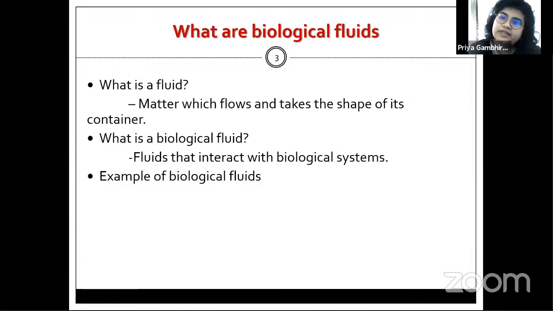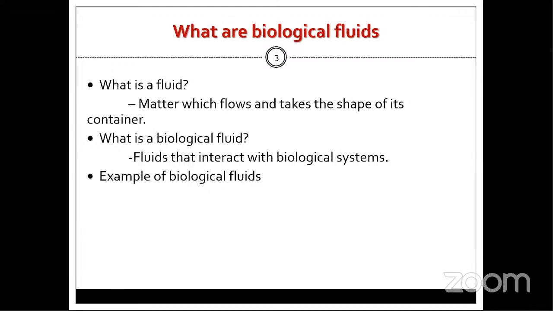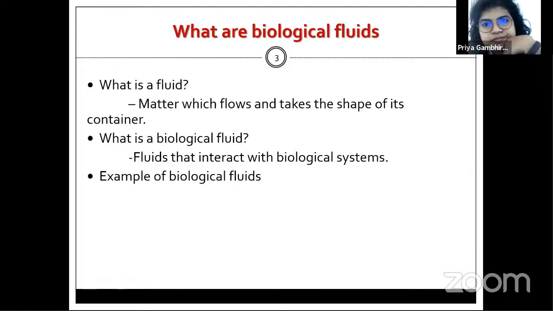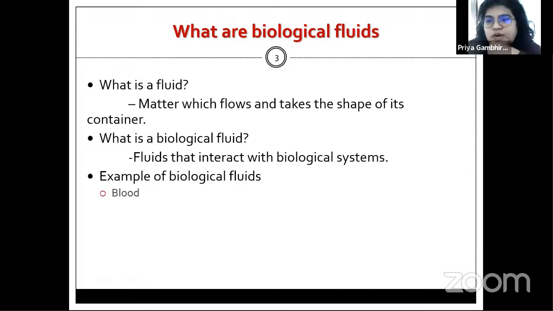So, some examples of biological fluids. What comes to mind when I say biological fluids? Blood. Serum. Yeah, okay, blood, serum. The most common, or let's say most popular, of biological fluids. What other things can you think of?